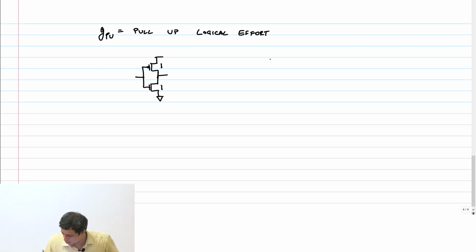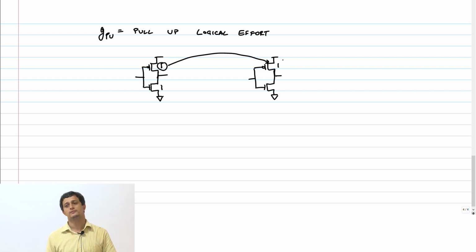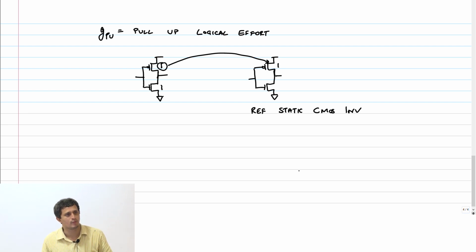I am now going to compare this with a symmetric static CMOS inverter with the same pull-up drive strength, because I am now looking at the pull-up logical effort, which implies that this one should be the same here. This is my reference static CMOS inverter that I am going to compare against. Right? Reference symmetric static CMOS inverter.